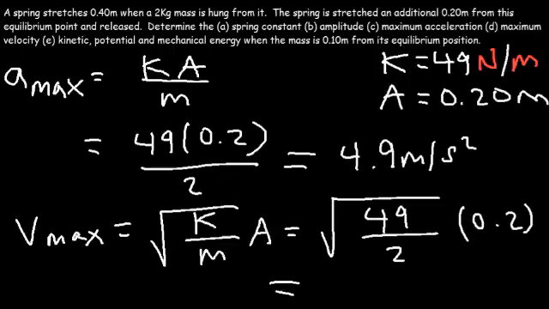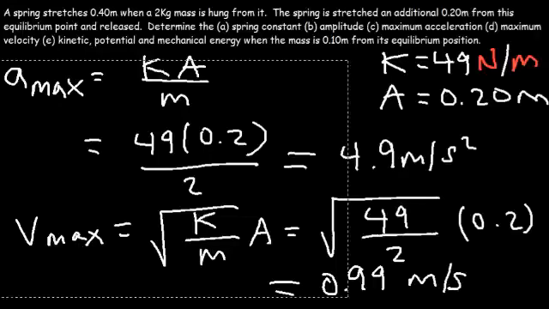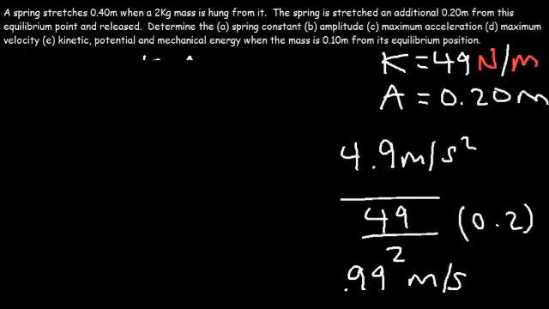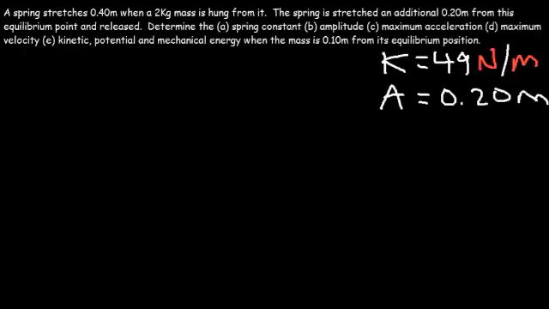That's about 0.99 meters per second. So now what about part E? What is the kinetic energy, potential energy, and the mechanical energy when it's 0.10 meters from its equilibrium position?